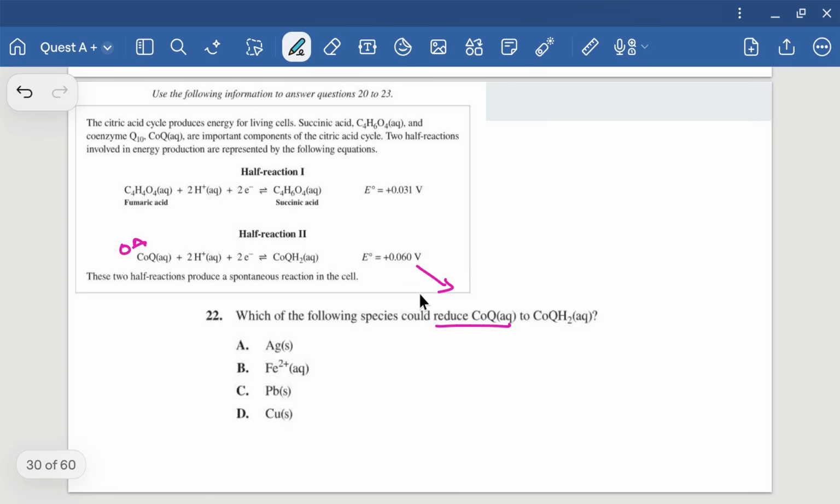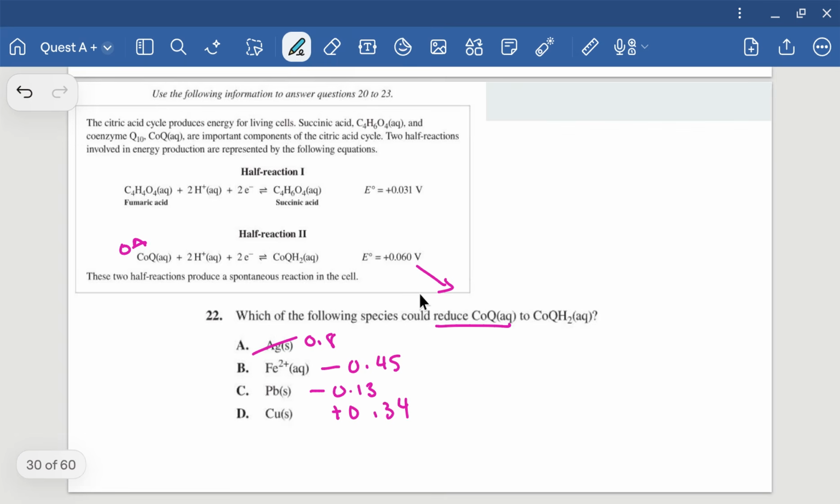If you look at your values, silver is 0.8, that's going to be higher. Fe2+ is negative 0.45, that could probably work. Then Pb is negative 0.13, and iron is plus 0.34.